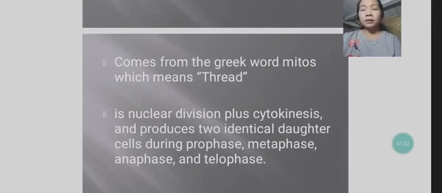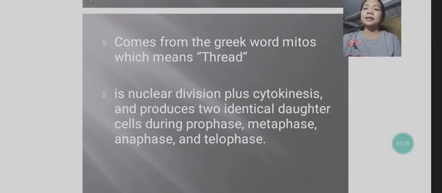Mitosis comes from the Greek word mitos, which means thread. It is a nuclear division plus cytokinesis and produces two identical daughter cells during prophase, metaphase, anaphase, and telophase. It is also part of the division process in the context of the cell cycle, in which the DNA of the cell nucleus is split into two equal sets of chromosomes.